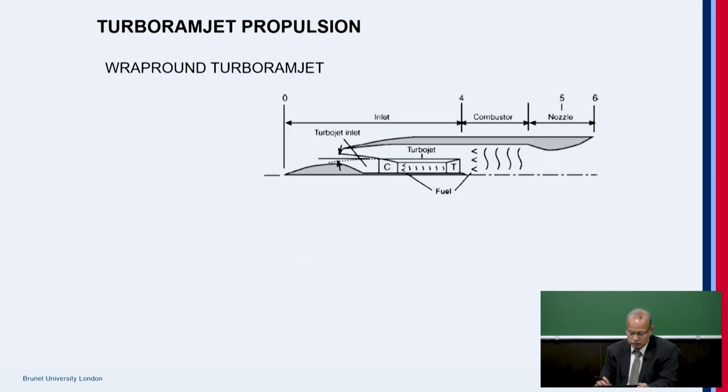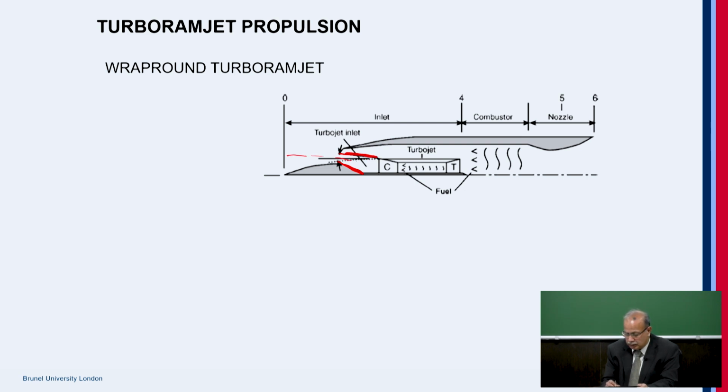Now let's look at what is wraparound turbo ramjet. So here you have a flexible flap, control mechanisms are there. When it is at rest, the vehicle is with the flap, the flow enters into the inlet. So here you see it's a subsonic inlet here of diffusing geometry.